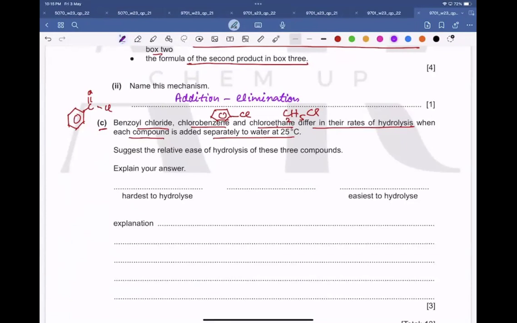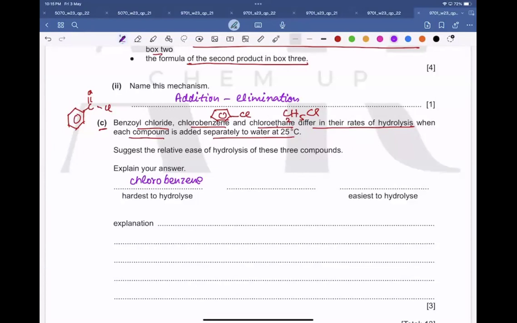Yes, esterification is the name of the reaction. It's not the type or the mechanism. Okay, so here I'm going to write chlorobenzene. And in benzoyl chloride, due to the C double bond O, the carbonyl oxygen withdraws the bond electrons.